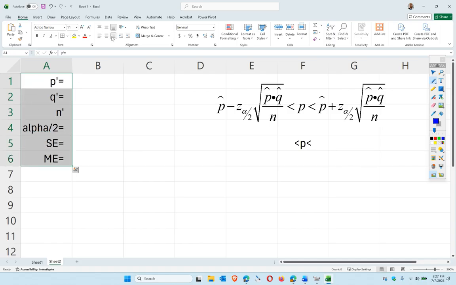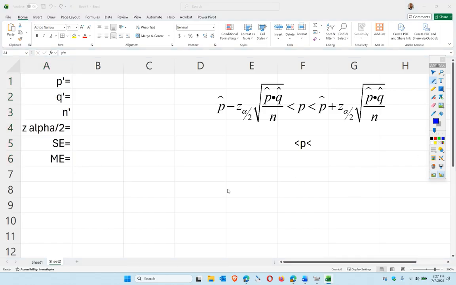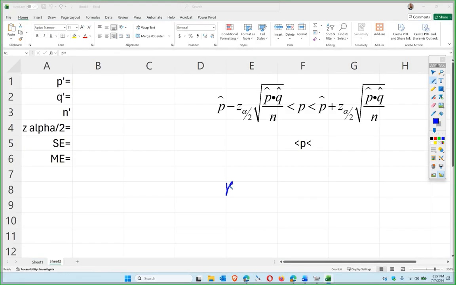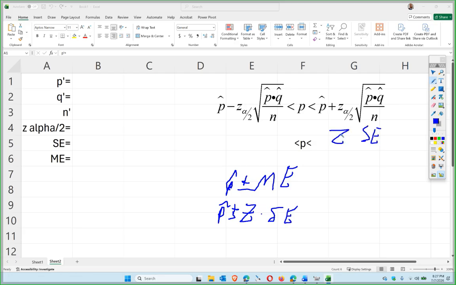Okay, so remember it's estimate, so it's going to be p hat plus or minus the margin of error, or p hat plus or minus z times the standard error, right? Because this is the standard error, and that's z, so together they make the margin of error. Your estimate plus or minus the margin of error gives you a confidence interval.